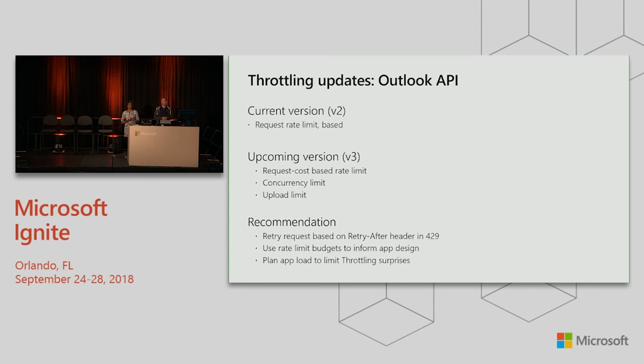The second is we heard from our users that they're hitting the error "too many objects open exception," which means the number of concurrent connections possible to a mailbox has been used up by some application. And so this app is not able to get a connection with the mailbox. So with throttling v3, we are addressing these. For the first one, we're now moving to a request cost-based rate limit.